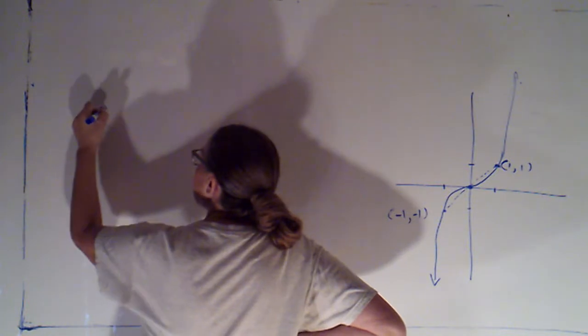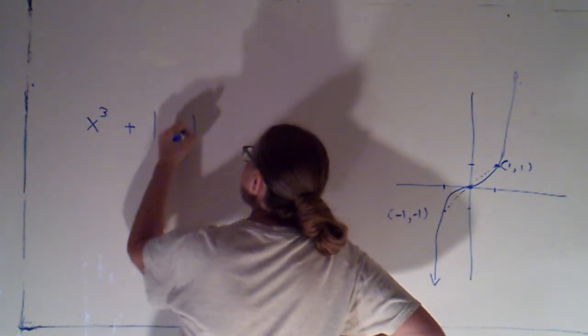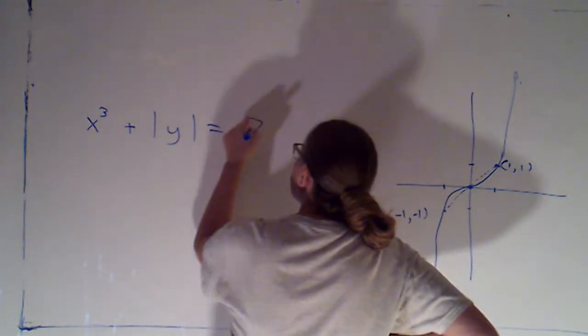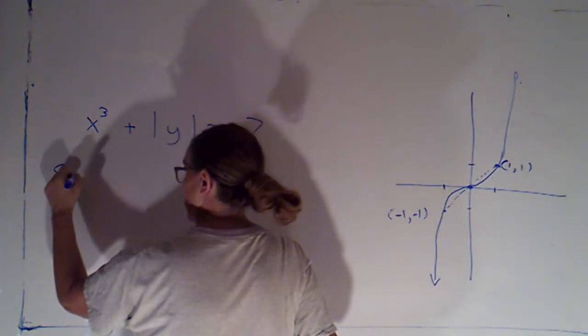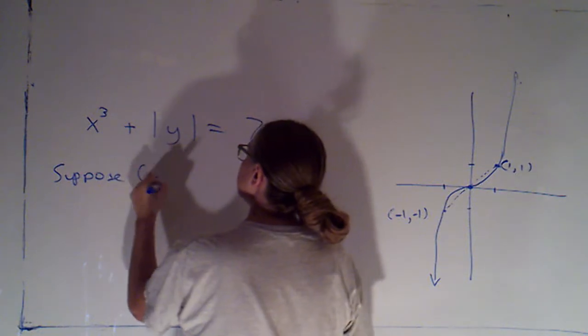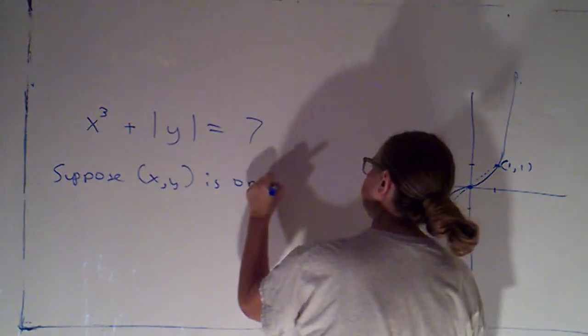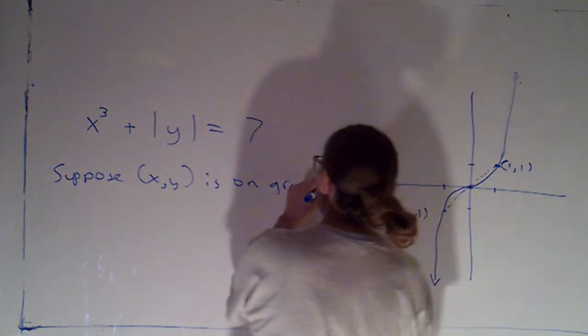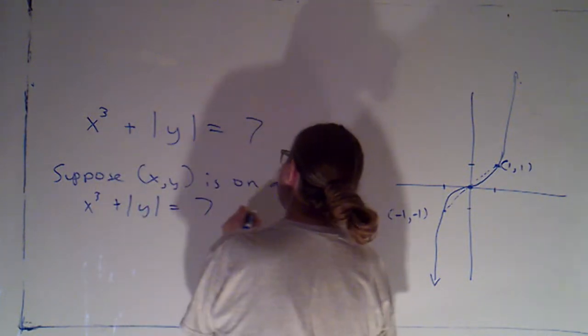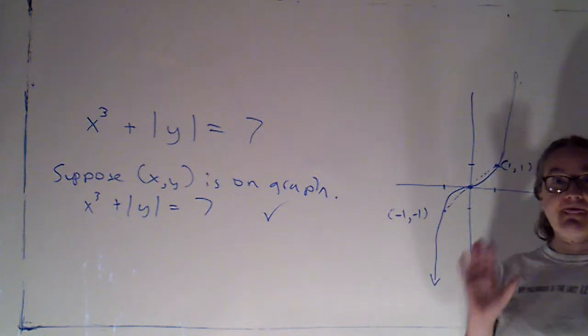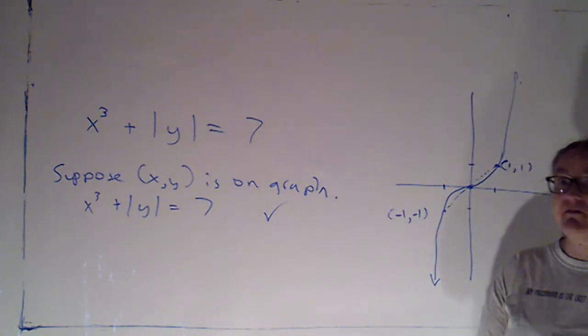Let's say I had x cubed plus the absolute value of y equals 7. And let's suppose that a point x, y is on the graph. What that tells me is that x cubed plus the absolute value of y equals 7 is a true equation for that particular x and y value.